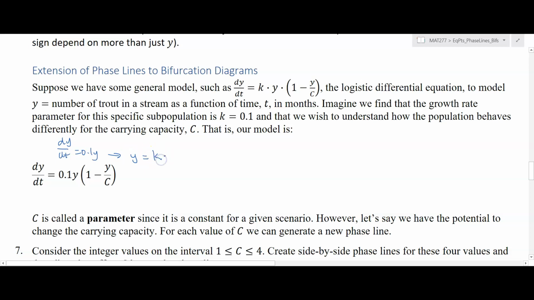It will be of the form ke to the 0.1t. And if you plot that, as long as your population starts off positive, we're arguing that the population will continue to grow unchecked, unbounded, forever and ever.